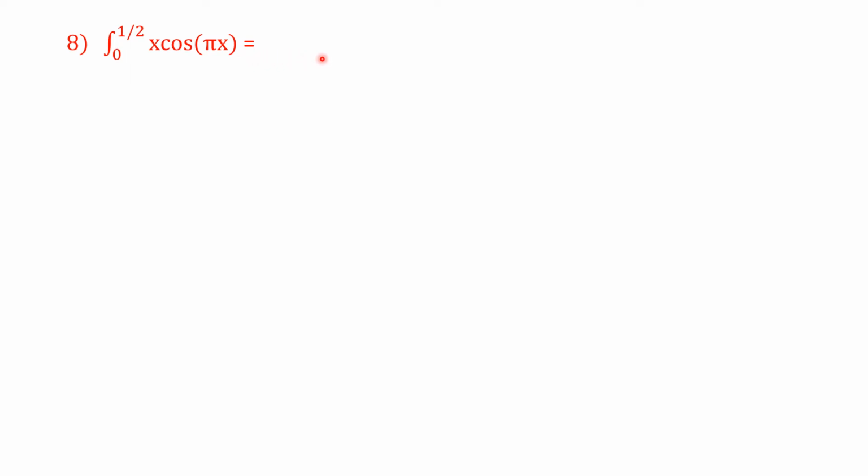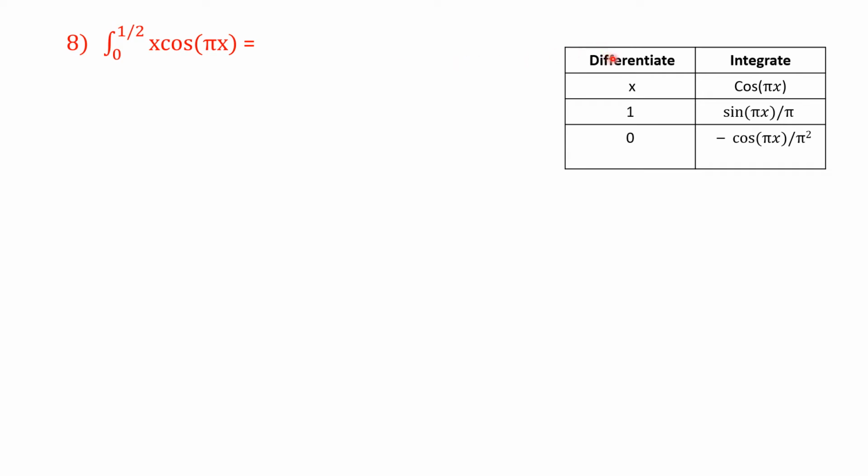So here is a table: differentiation on this side, integration on this side. For differentiation, we choose the function x, so we have x over here, and for integration we choose cosine of pi x.